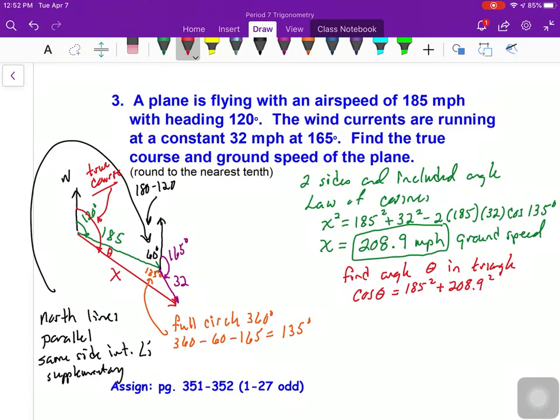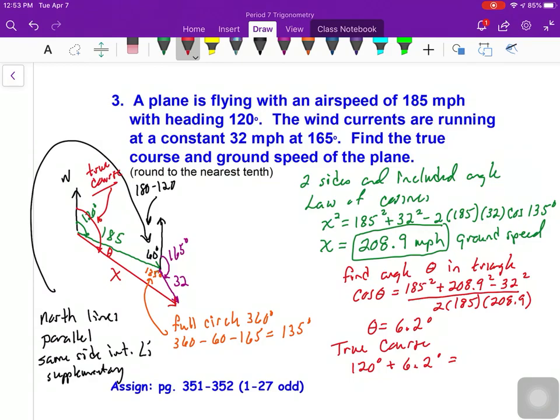The cosine of theta will equal, now the 32 is opposite it, so I'm going to take 185 squared plus 208.9 squared minus 32 squared, divided by 2 times 185 times 208.9. Theta is the inverse cosine of that quantity, and comes out to be 6.2 degrees.